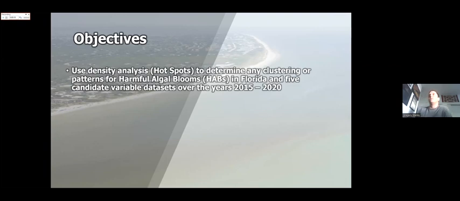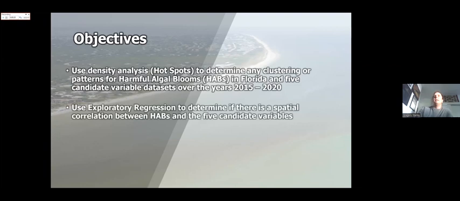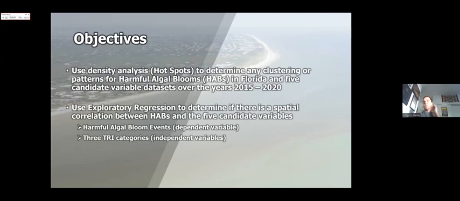I did this for the years 2015 to 2020, so 6 years' worth of data. The second part, the exploratory regression, helps determine whether there's a correlation between HABs and 5 other factors. HAB will be our dependent variable. I use 3 toxic release inventory categories as independent variables, as well as salinity and chlorophyll.